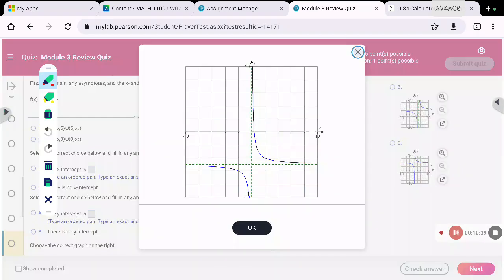So looking at these characteristics, all right, this is the A option. So what I want to look for first is the correct asymptotes. So remember, our vertical asymptote was x equals 0, which I do see. Your horizontal asymptote would be at y equals 5. So if I'm at y equals 5, 2, 4, it should be right here.